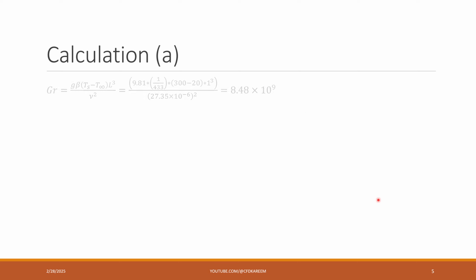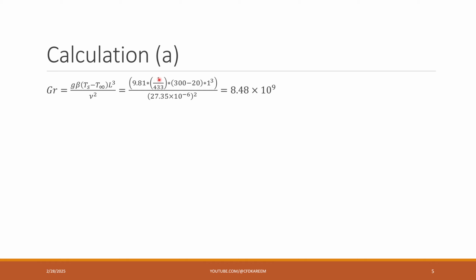So for our first calculation, the first thing we're going to do is calculate our Grashof number. And we can do that by taking g, which is the gravity, or 9.81, times beta, which is the expansion coefficient. And in this case, since we're assuming air is an ideal gas, we can actually take beta to be equal to 1 over the film temperature.